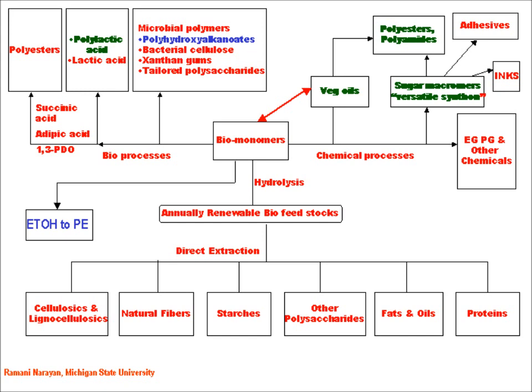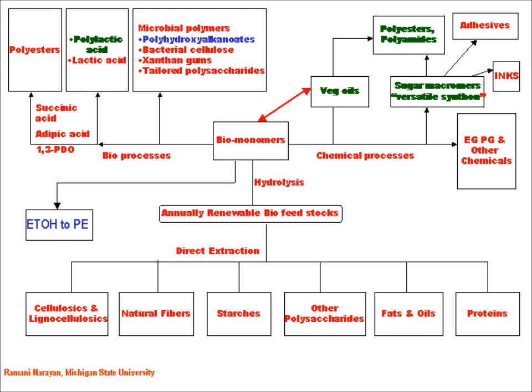Another very successful example is converting the biomonomer to lactic acid, to polylactic acid, and all the products one can make out of it. This is the NatureWorks technology. And there are other producers of lactic acid to PLA. You also can take the monomer and produce what are called polyhydroxyalkanoates.